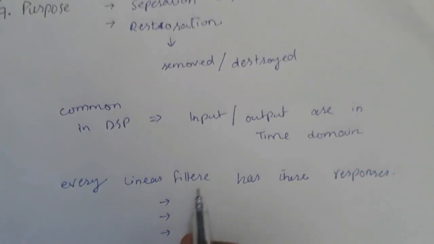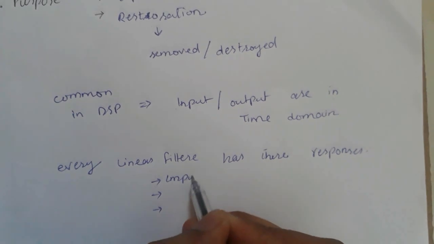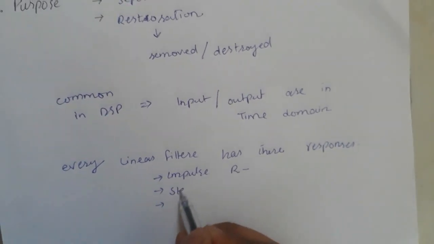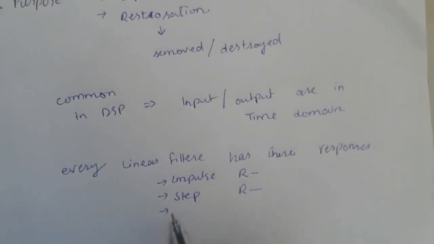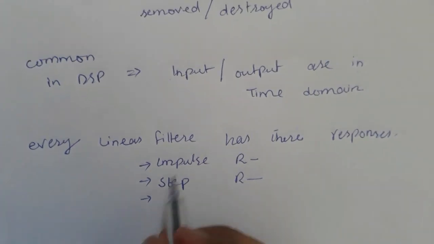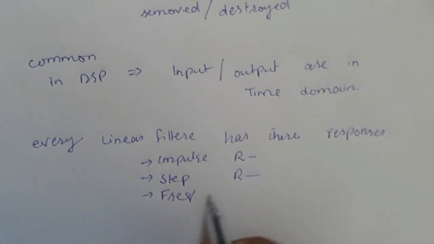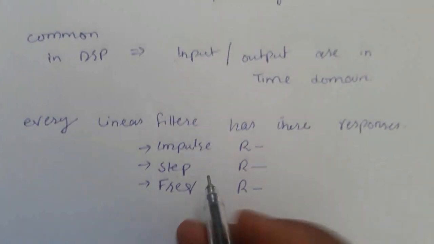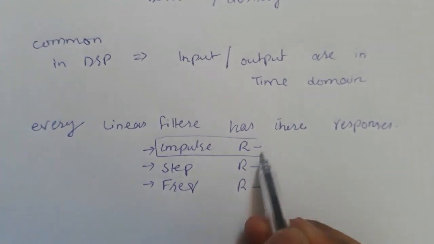The first one is impulse response, the second one is step response, and the third one is frequency response. So the most common one is the impulse response.